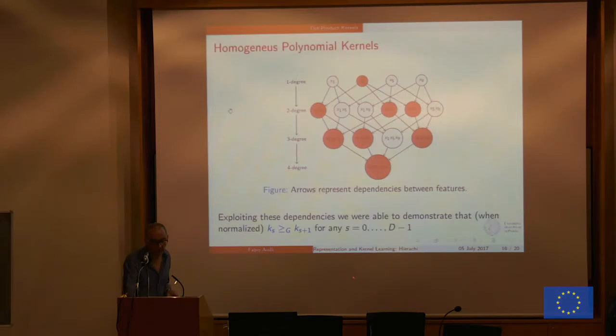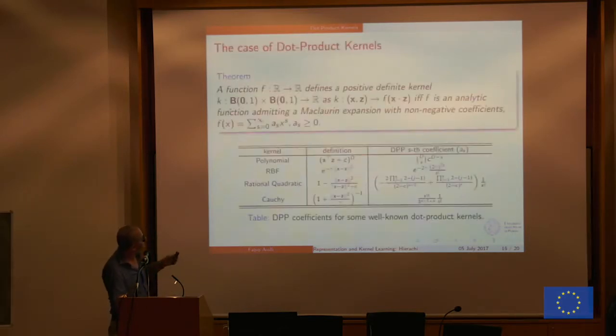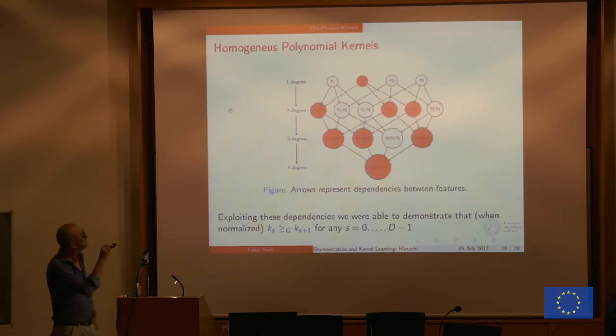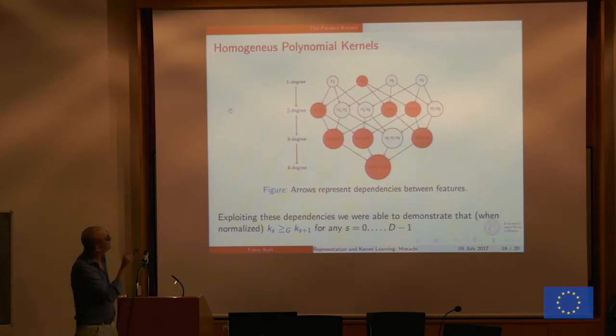Now, in the case of the homogeneous polynomial kernel, when c is equal to 0, you can show that you have a kind of dependency between the features in the polynomial embedding. When you map using the linear kernel, you have these features.